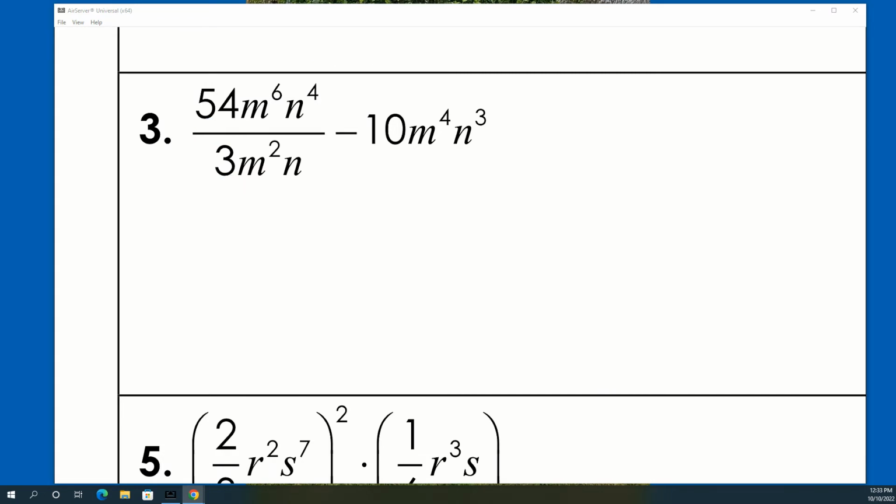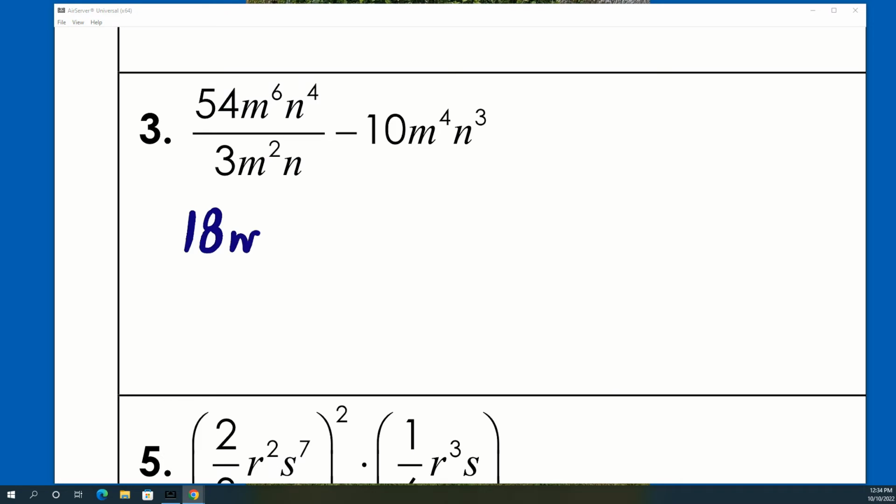Anybody know 54 divided by 3, what that is? You can type it in if you want to. 18, okay. All right, and then for the m's, I'm going to subtract the exponents.